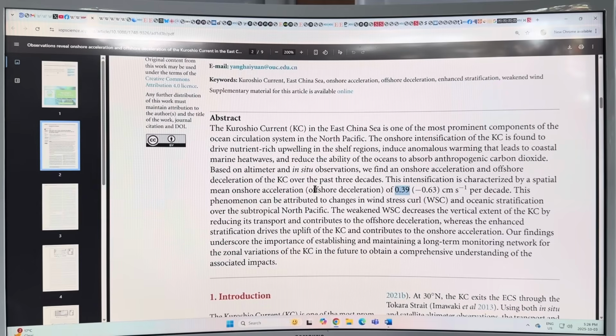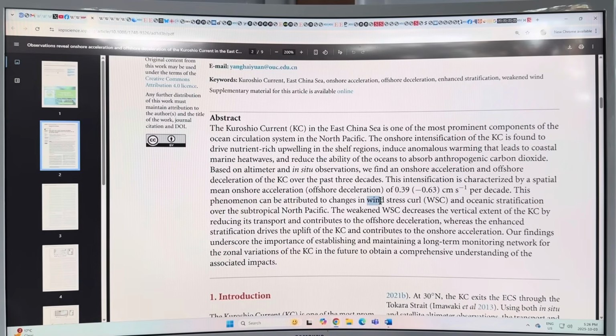And offshore, there's a deceleration of the current, it's minus 0.63 centimeters per second, the velocity of the water, per decade. And they're attributing this change to the changing air circulation patterns and other things.